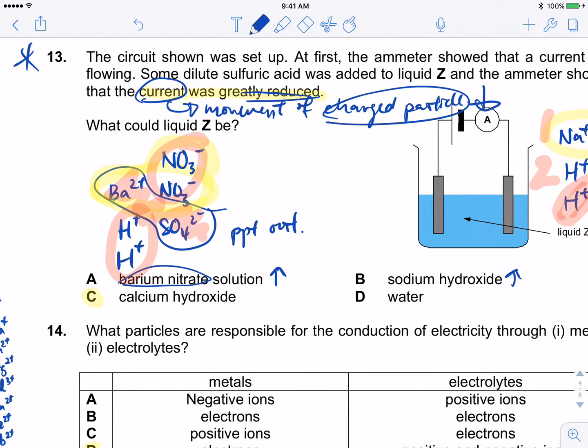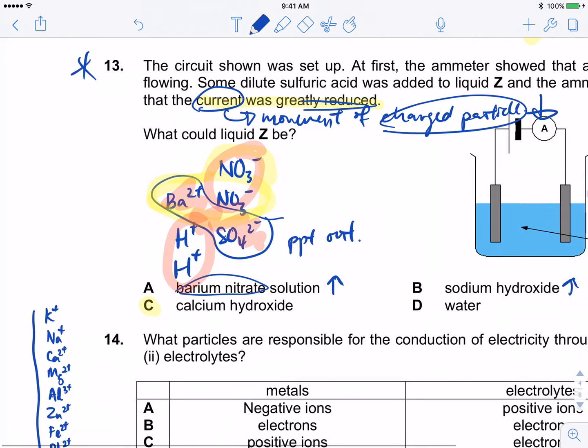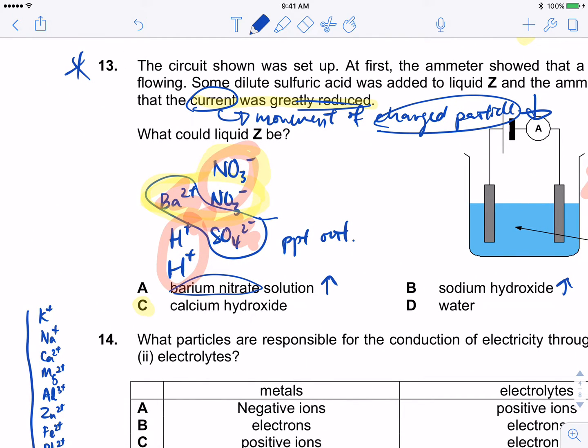Now, the answer is actually C. Why is that so? If we look at the start, having Ca2 plus, OH minus, OH minus, I have 3 moles of ions. At first I have 3, then I add H2SO4, H plus and SO4 2 minus.